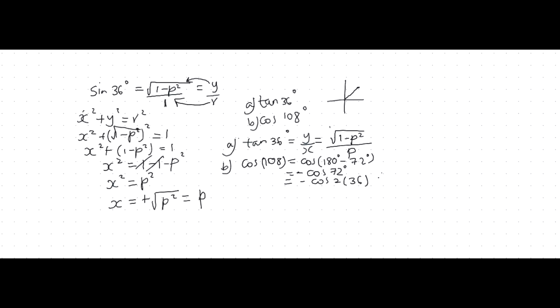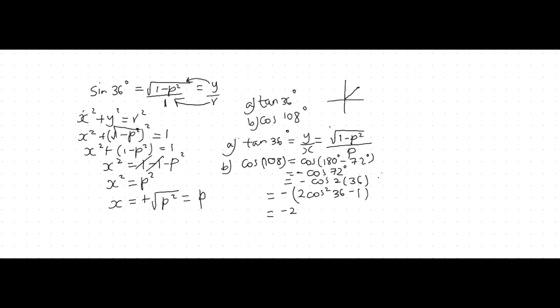I'm choosing the one where it's minus, then 2 cos squared theta, where theta in this case is 36 degrees, minus 1. This is one of the double angle formulas for cos ratios. Then I can simplify this. It's equal to minus 2.